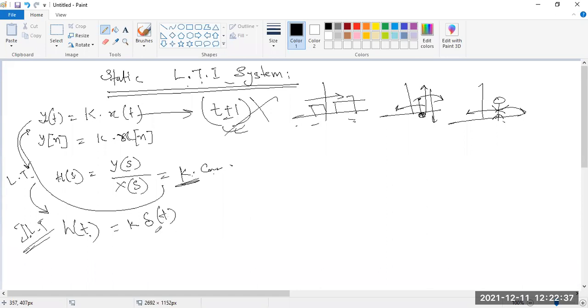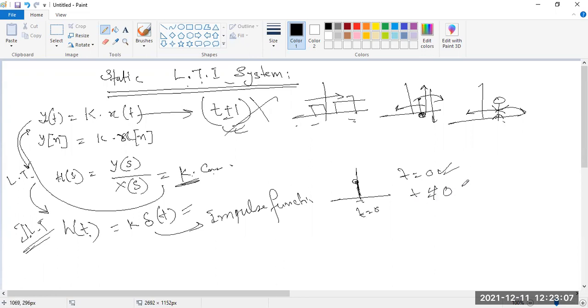For any constant term, the inverse Laplace gives an impulse function. This exists only at t equal to 0; where t is not equal to 0, it does not exist, so it is 0.